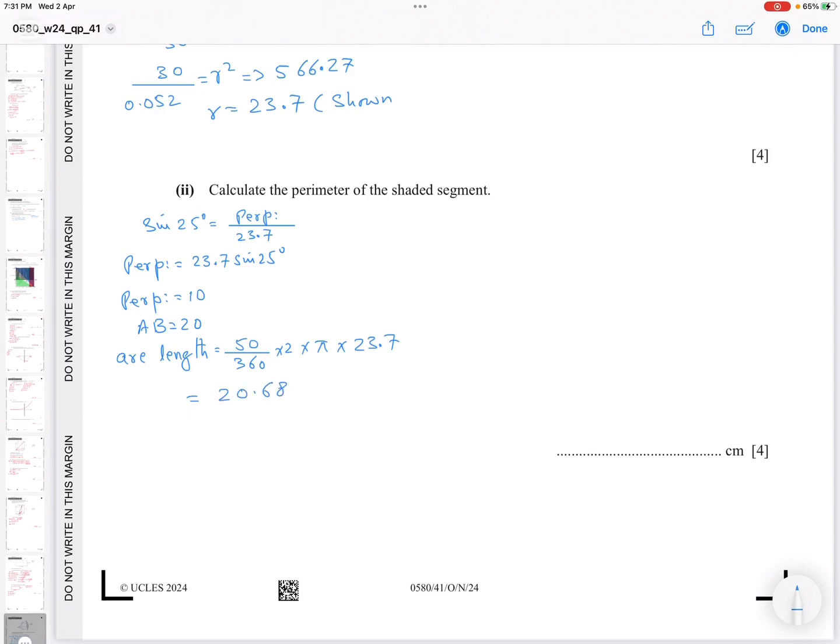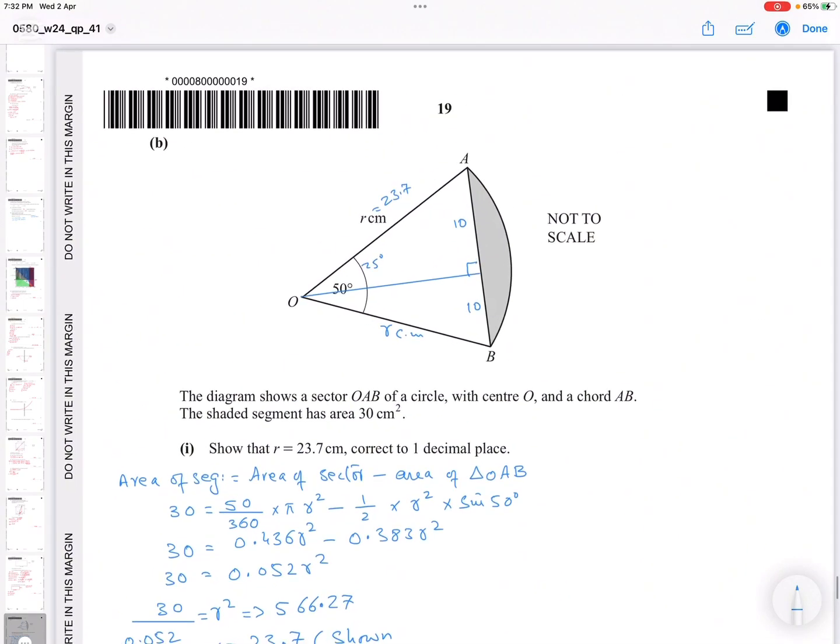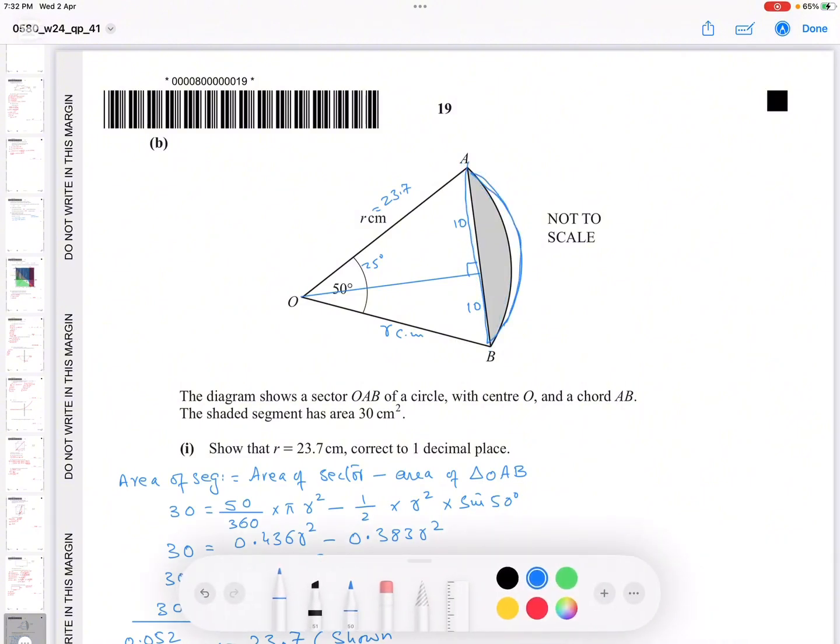Now we have to find the perimeter of the shaded region. So 20 plus 20.68 gives us the perimeter, 40.68 centimeter. Look, if I go through the line AB, I have to calculate then this arc length. This gives us the perimeter.